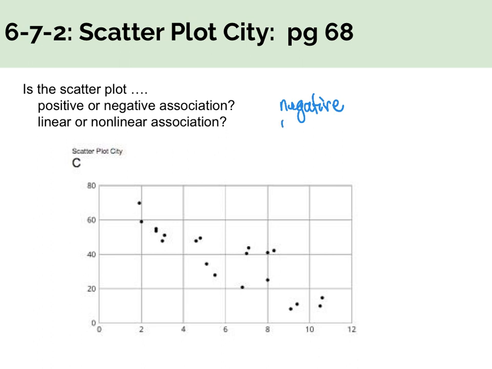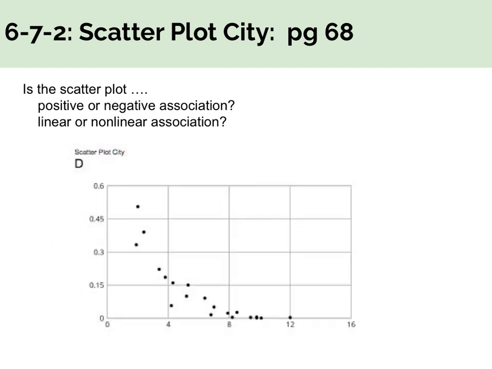And it's also considered linear because we can put a line through the information. Positive, negative, or no, linear or nonlinear. Is this negative? Information is going down the hill. What kind is it, linear or nonlinear? This is considered nonlinear.